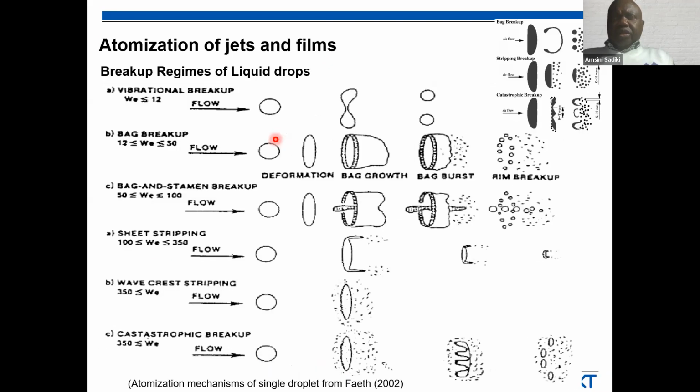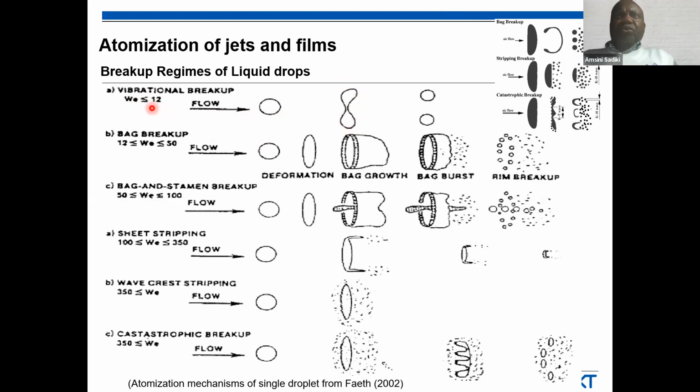So I think I can complete this slide. So we have then, based on the Weber number, we can classify different sorts of breakup due to the interaction of the flow field and the liquid.